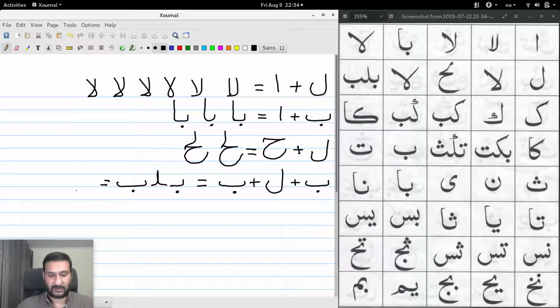If I write it in proper way, it would be ba, lam. This is lam. It shows that this is a lam, and then you write a ba. So ba right here, lam right here in the middle, and then a full ba at the end.